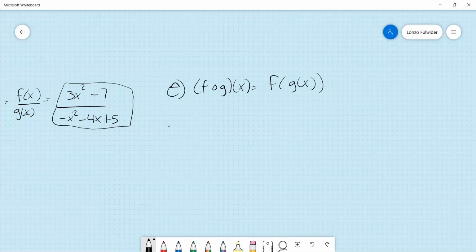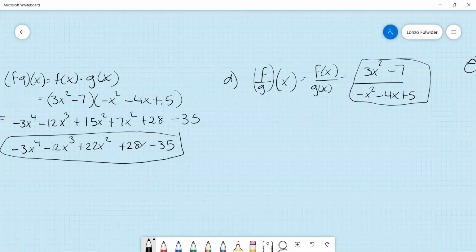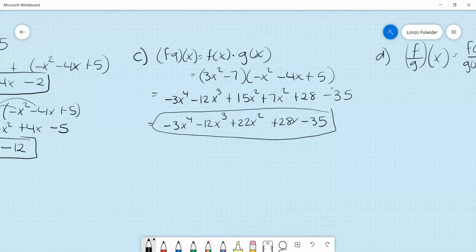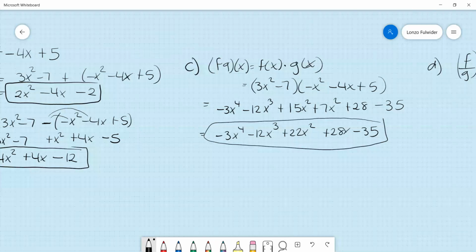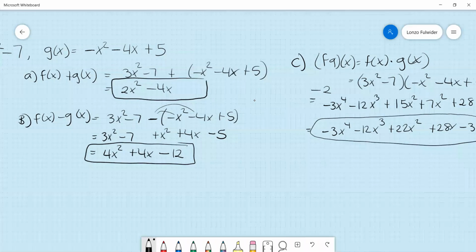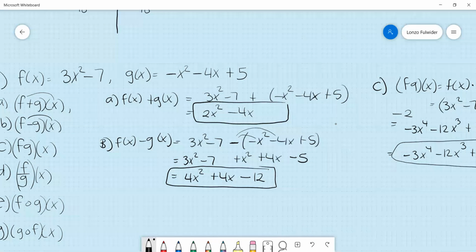So what you're doing is you're putting the function g of x inside the function of f. Let's review a few things. So I'll show you what I'm doing. Here's g of x, you're putting this inside the function of f.